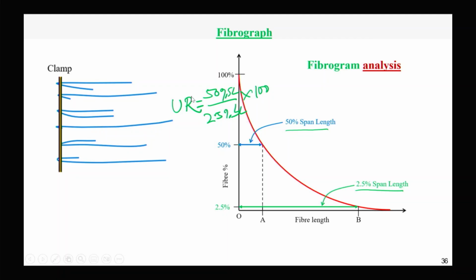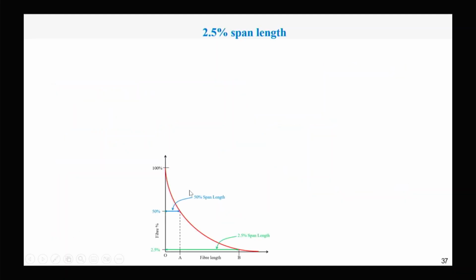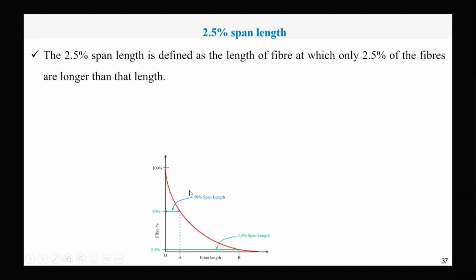Okay, so now by definition, the 2.5% span length is defined as the length of fiber at which only 2.5% of the fibers are longer than that.